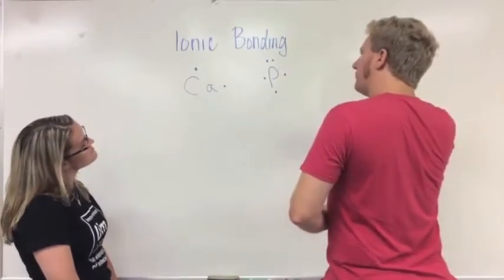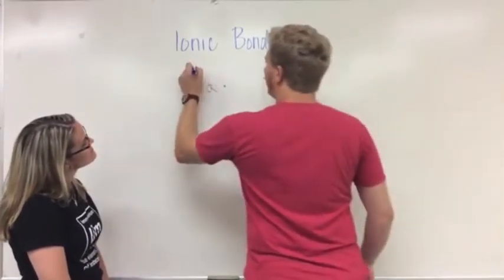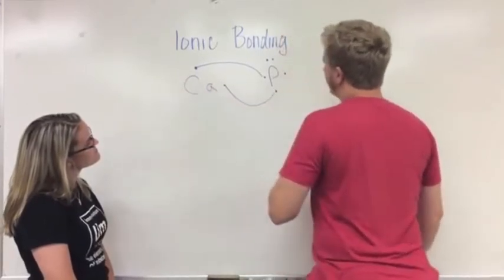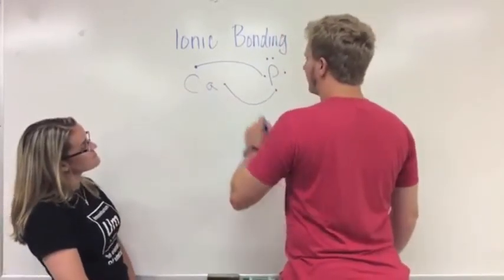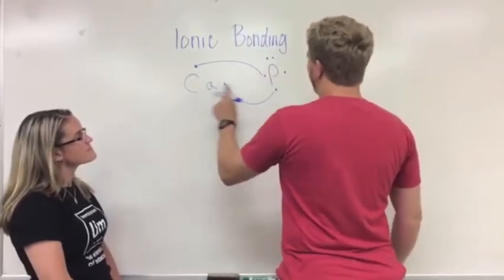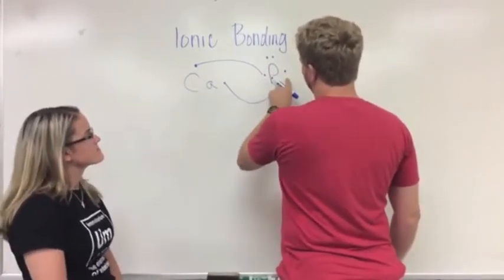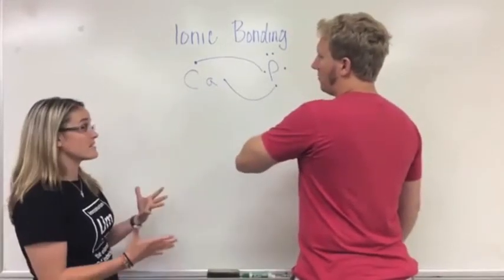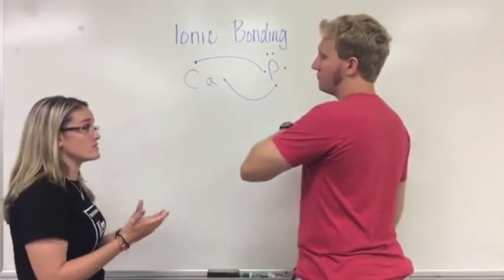So I still want to move my electrons. Calcium is going to get rid of its electrons and give them to phosphorus. But I ran out of electrons, and I still have one here. Okay, so what did we do last time if we needed somebody to give electrons to?